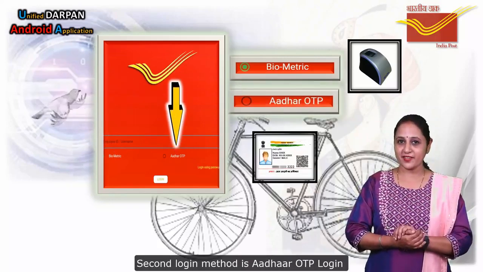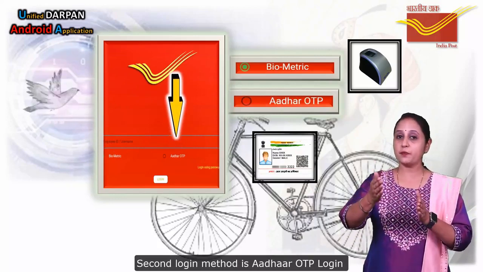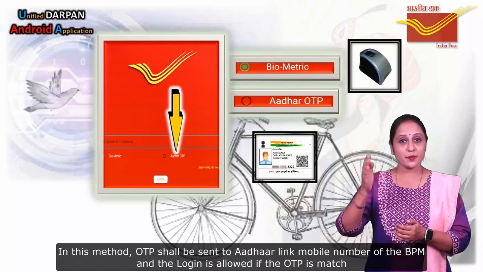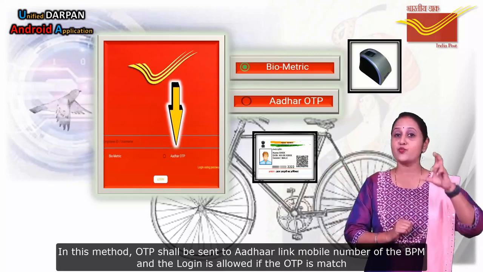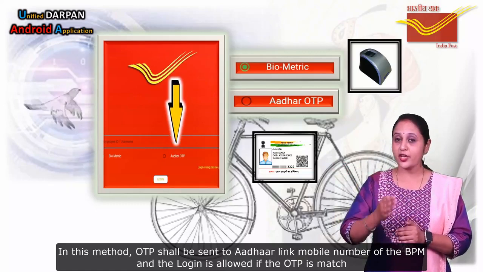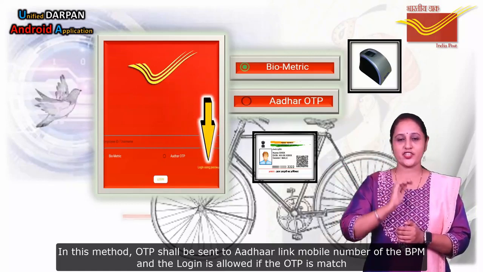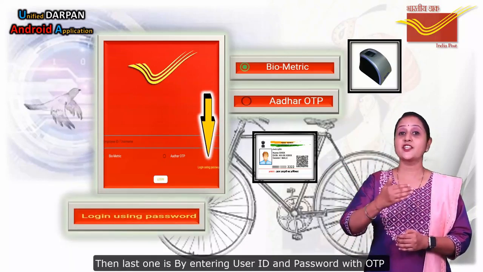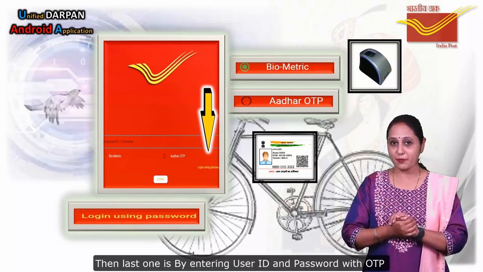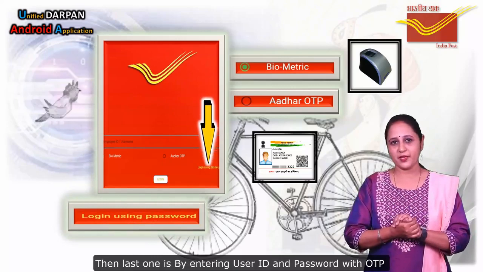Second login method is Aadhaar OTP login. In this method, OTP shall be sent to Aadhaar linked mobile number of the BPM and login is allowed if the OTP is matched.